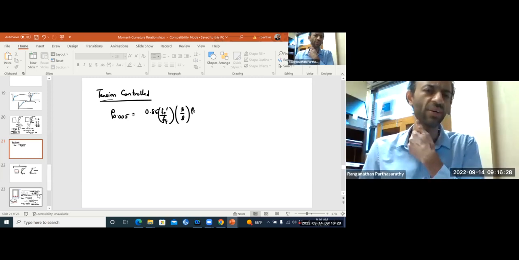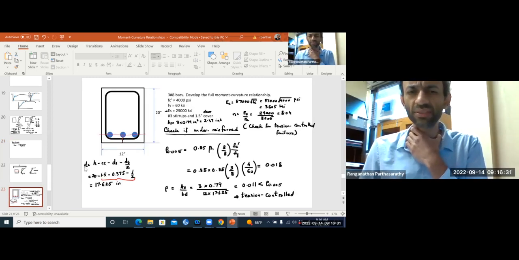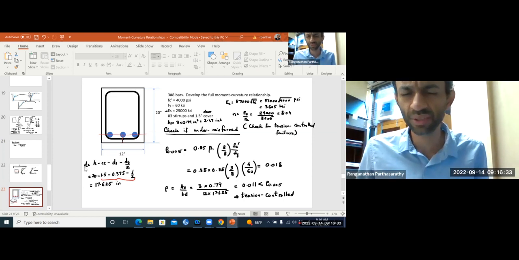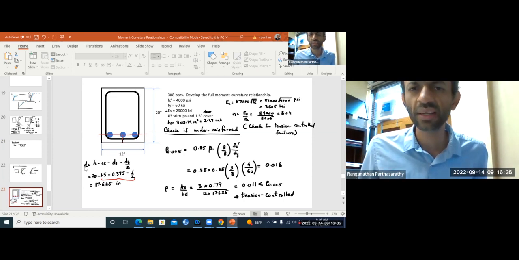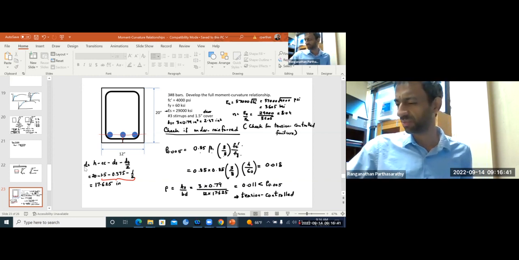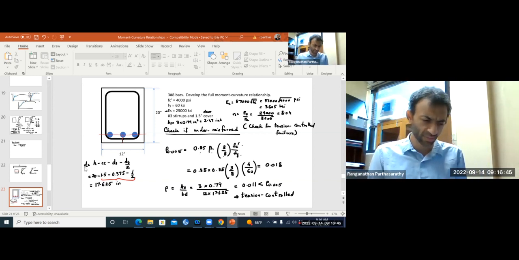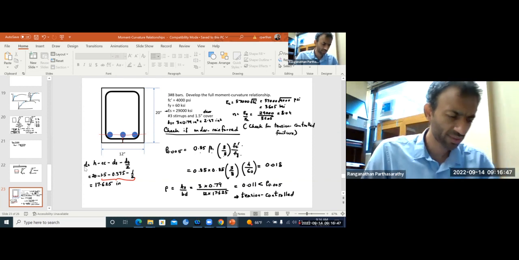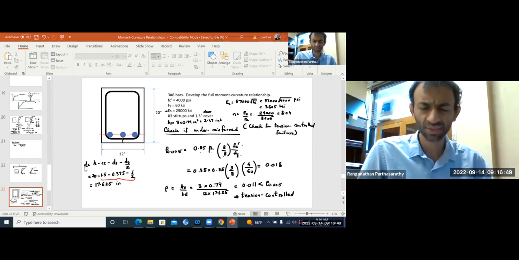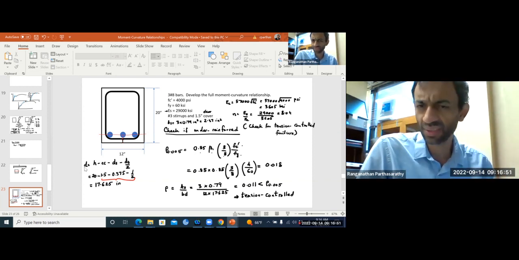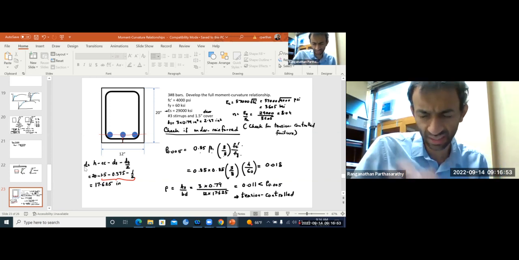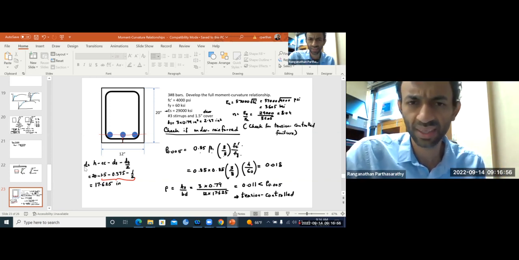Now let's check whether our beam is under reinforced. So what is the limit for 0.005? It is 0.85 beta 1 times 3/8 times f'c over fy. My request is that in this kind of class, when we are solving any problem, you also take your calculator and solve with me. Only when we see the numbers do we start getting a grip over things.